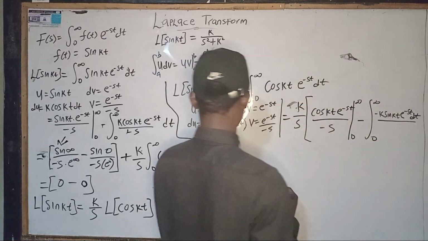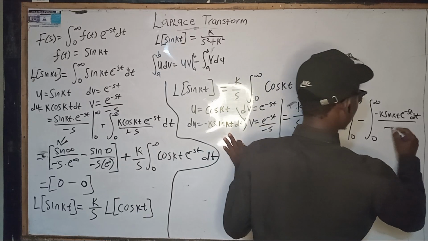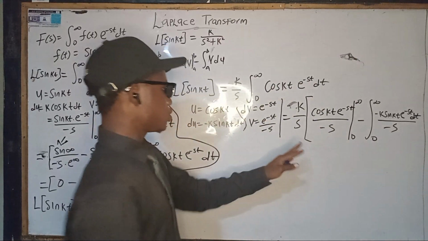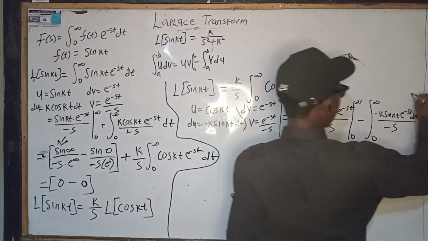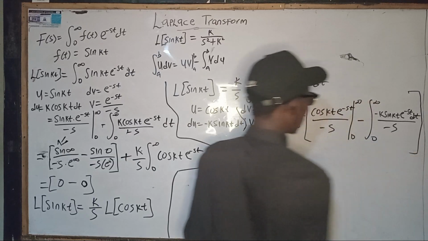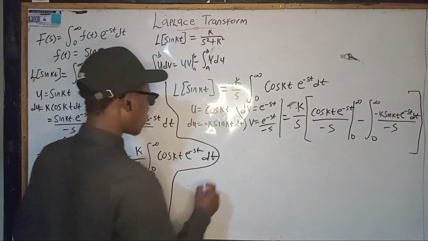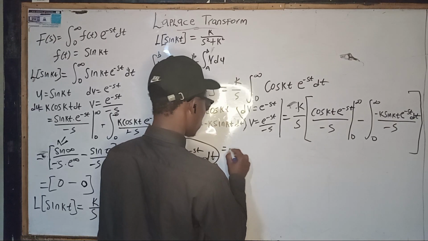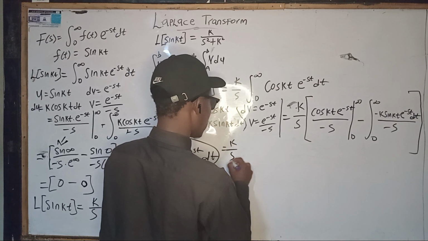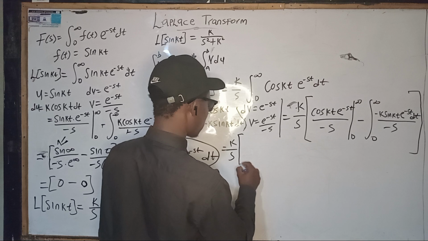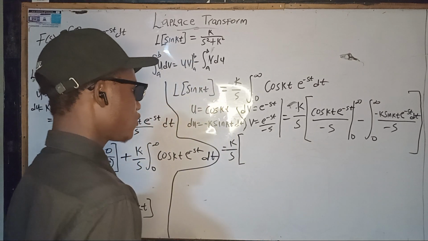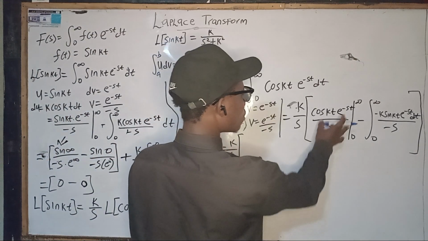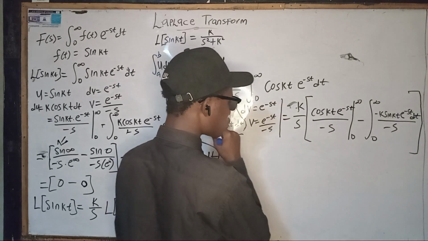over minus s. Now let's just simplify this. We know that our bracket, so we close our bracket over there. Let's simplify this. We get this as equals to k over s in the big bracket over there will be equals to, now this over here, what is this going to give us?